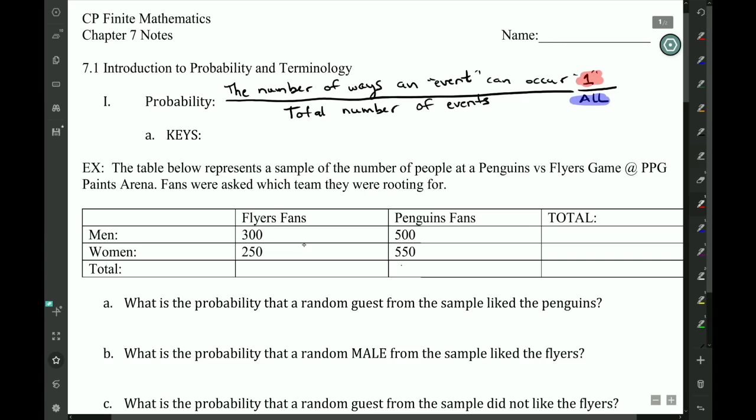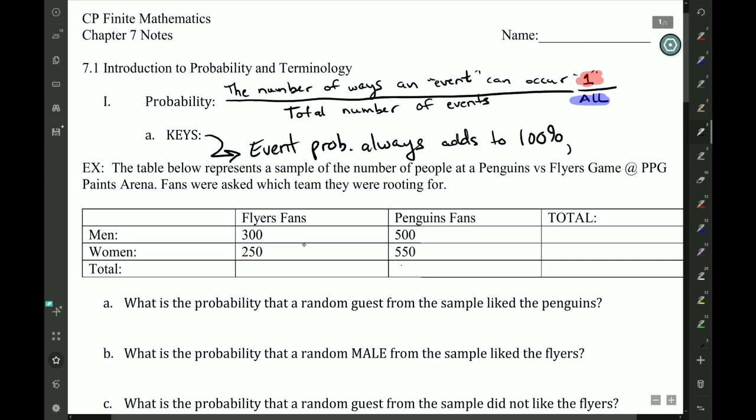The key thing with probability is that it always adds to 1 or 100%, and it cannot be less than 0.